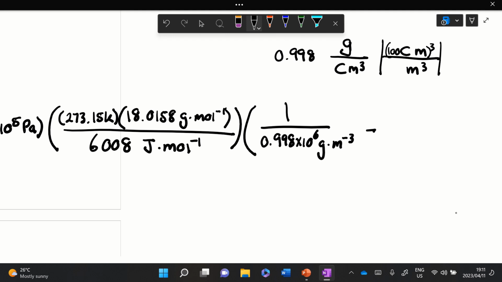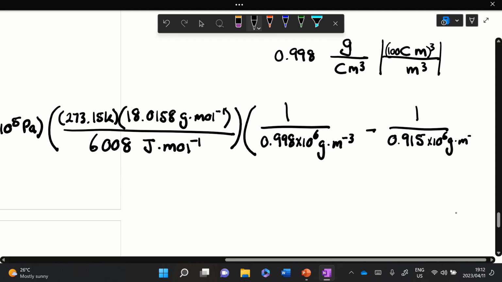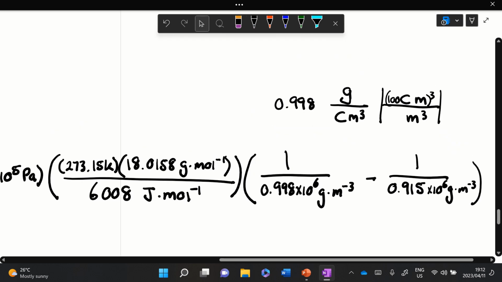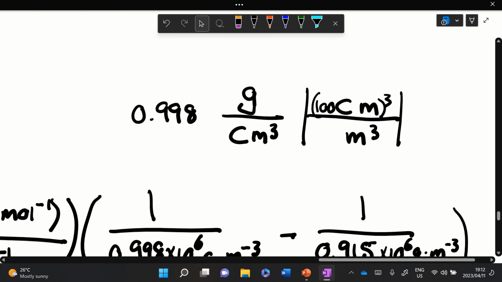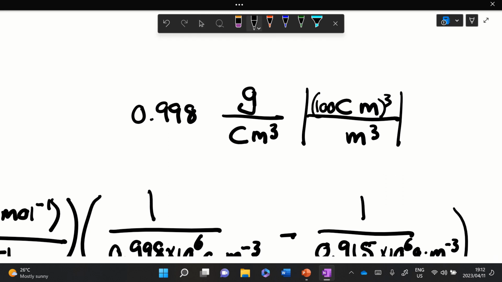Alright, and then we do the same for the mass density of the solid: 0.915 times 10 to the power 6 gram per meter cubed. Okay, just in case you didn't follow this, remember, if you're working with the units, then you can write it like this.